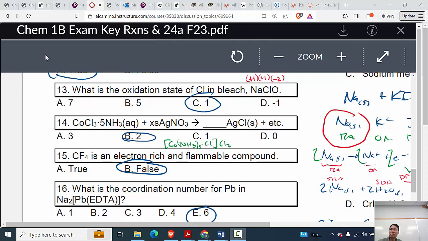The only reason this one came up is because I talked about it in class, and so otherwise I wouldn't have thrown out a question like this out of the blue. This is one of the ones that we were looking at for silver chloride precipitation.